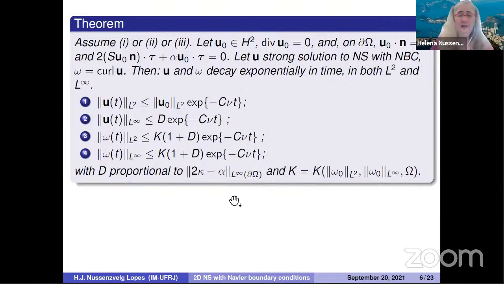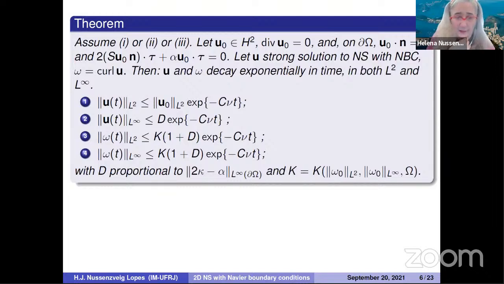It's interesting to notice that the friction coefficient does not appear at all in the exponent of the negative exponentials, but it does appear as a coefficient for the L2 and L infinity norms of U and omega.